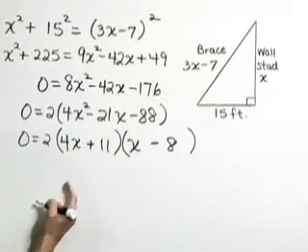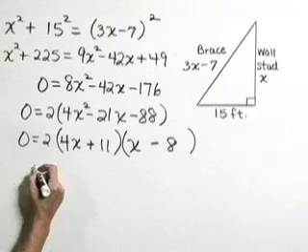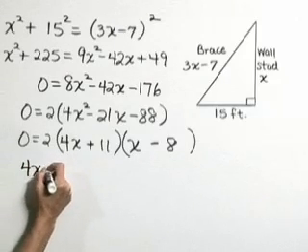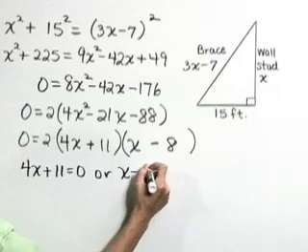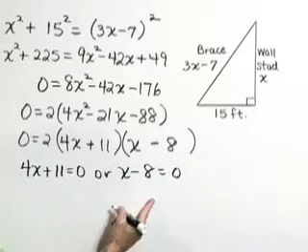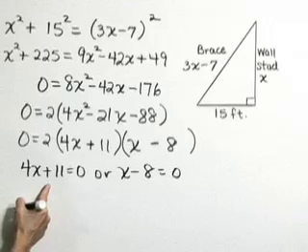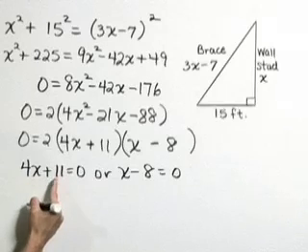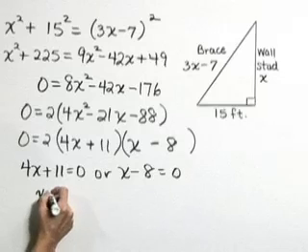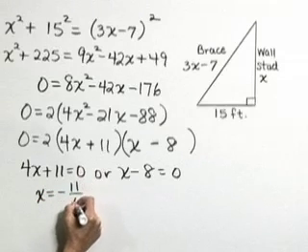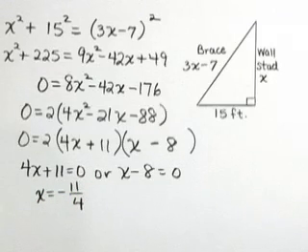Now using the zero factor property, either 4x plus 11 is equal to 0 or x minus 8 is equal to 0, or both. Solving for x in our first linear piece by subtracting 11, then dividing by 4 gives x is equal to negative 11/4.